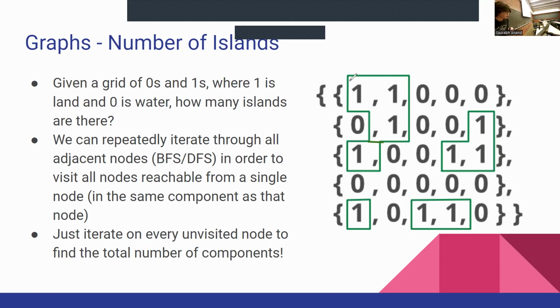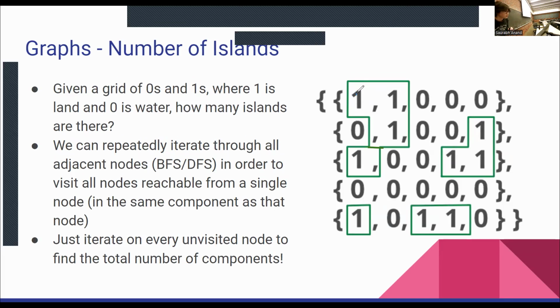So for example, if we're looping over all these nodes, when we get to this one, we see that we haven't visited it before. So we start a BFS or DFS, either one you want to do. Let's say we're doing a BFS. We expand outwards and ask, are there any ones around me? Yeah, there are. So you move to this one and mark it visited as well. Then you keep searching. Are there any ones around the one we're currently on?